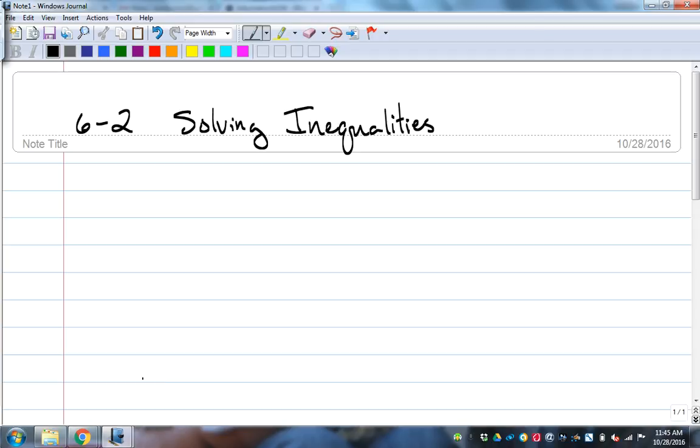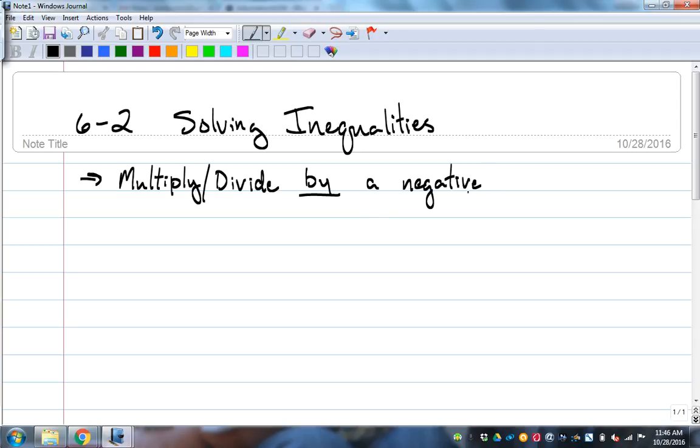All right, solving inequalities. We're going to be doing one steps again, but instead of addition and subtraction, we're going to use multiplication and division. The only thing we need to remember is that if you multiply or divide by a negative, you got to flip the inequality symbol.